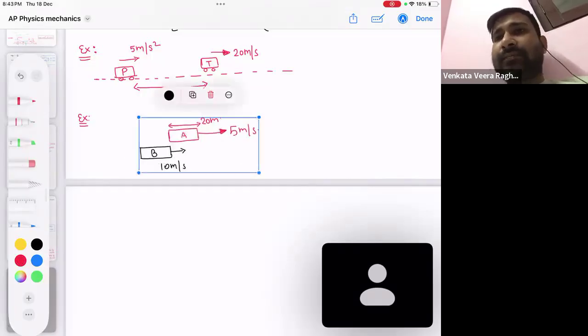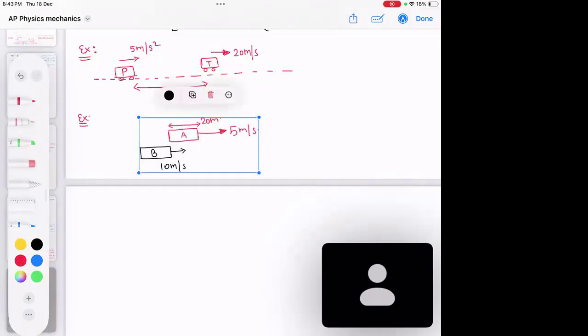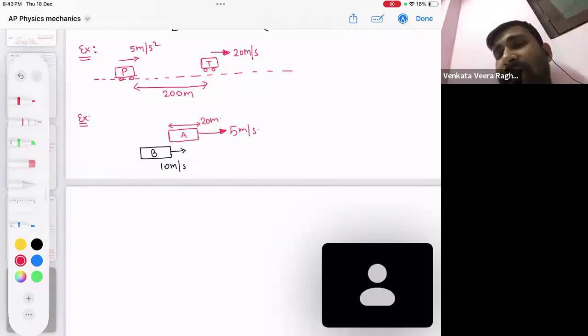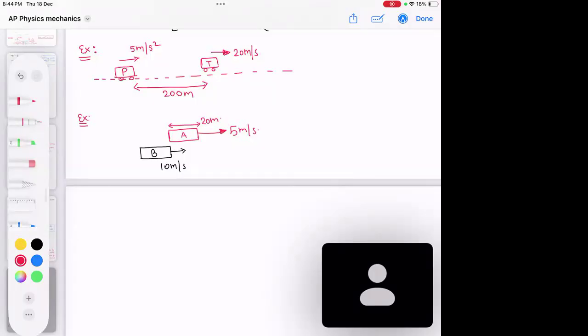Please tell me. Yes, sir. The question says the behind car is moving with 10 meter per second and the forward car is moving with what velocity? 5 meter per second. So this car will be able to overtake, right? Sir, what is the length of B, sir?